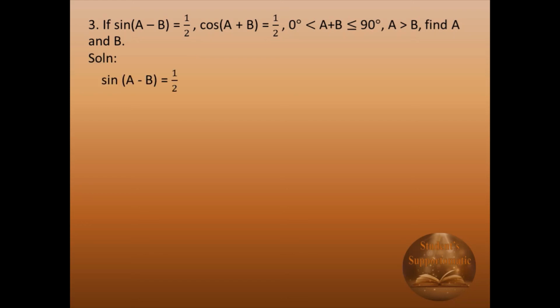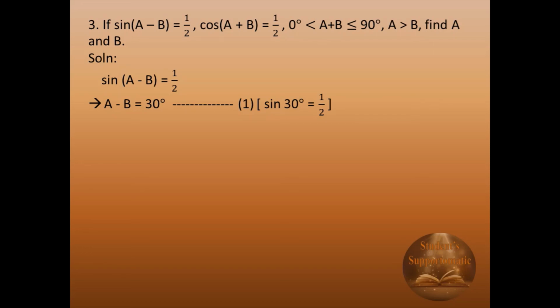Given is sine A minus B is equal to 1 by 2, so A minus B is equal to 30 degree, because sine 30 degree is equal to 1 by 2. If sine theta is equal to 1 by 2, it means that theta is 30 degree.